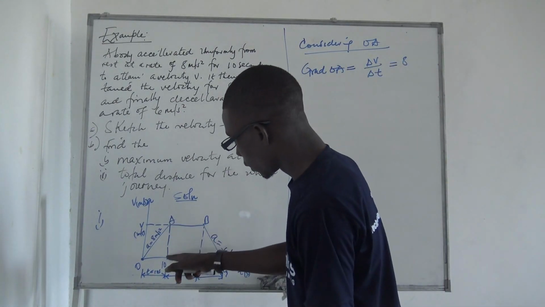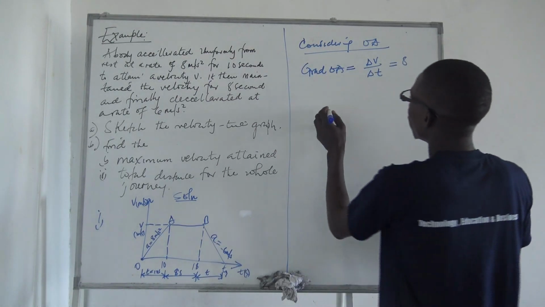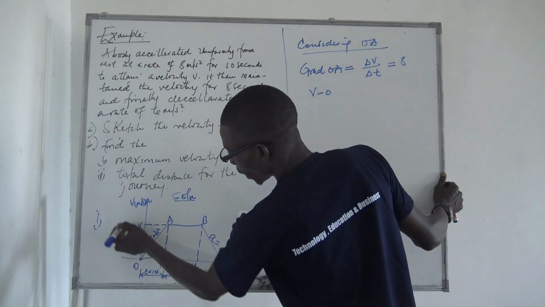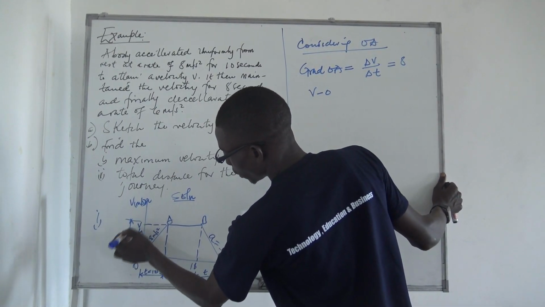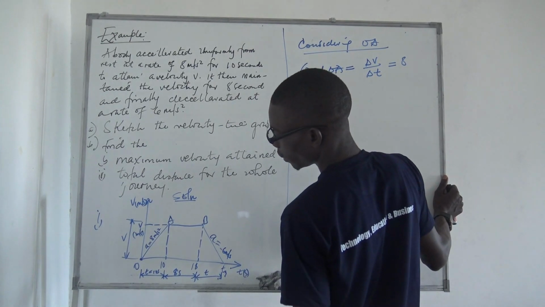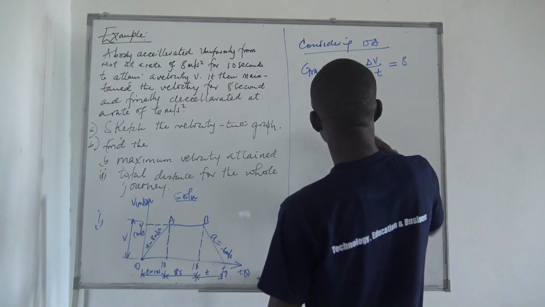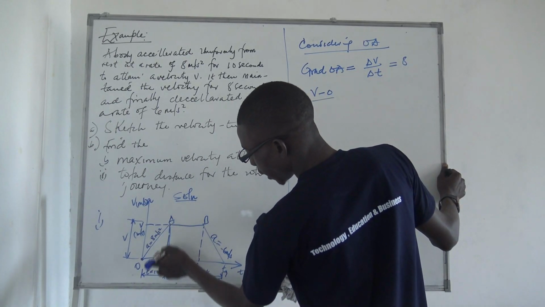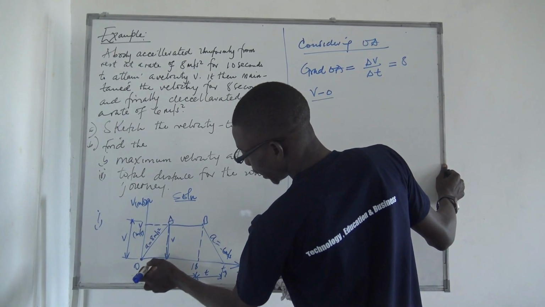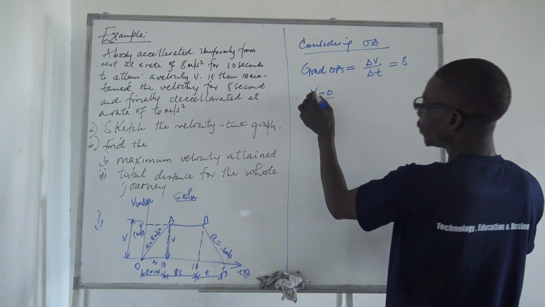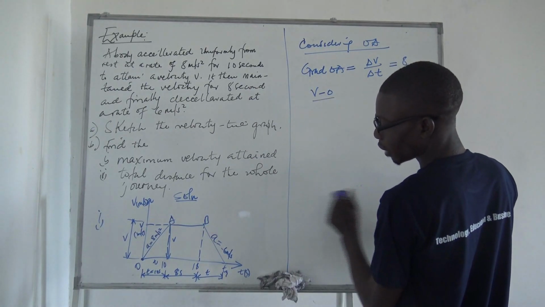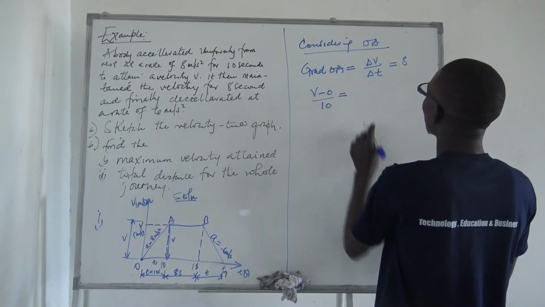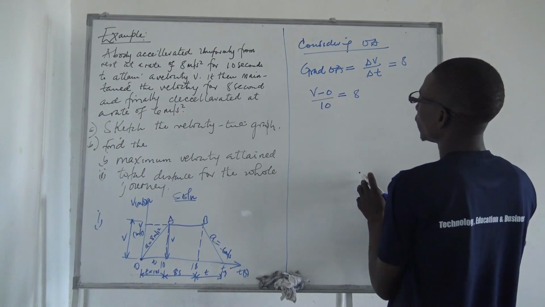So what is change in V? It will be V minus 0. From here up to here is the V. Then it is V minus 0, or you can say V divided by time. The length here is V and here is T. So that means it is V out of time, but the time here is 10, should be equaling to 8.